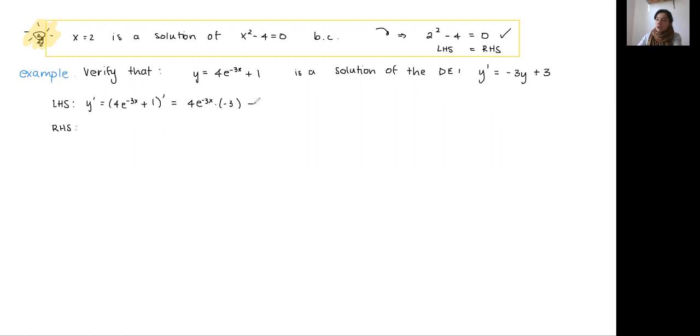And then plus 0, because the derivative of a constant is just equal to 0. So that means this is going to be minus 12 times e to the minus 3x, like this.